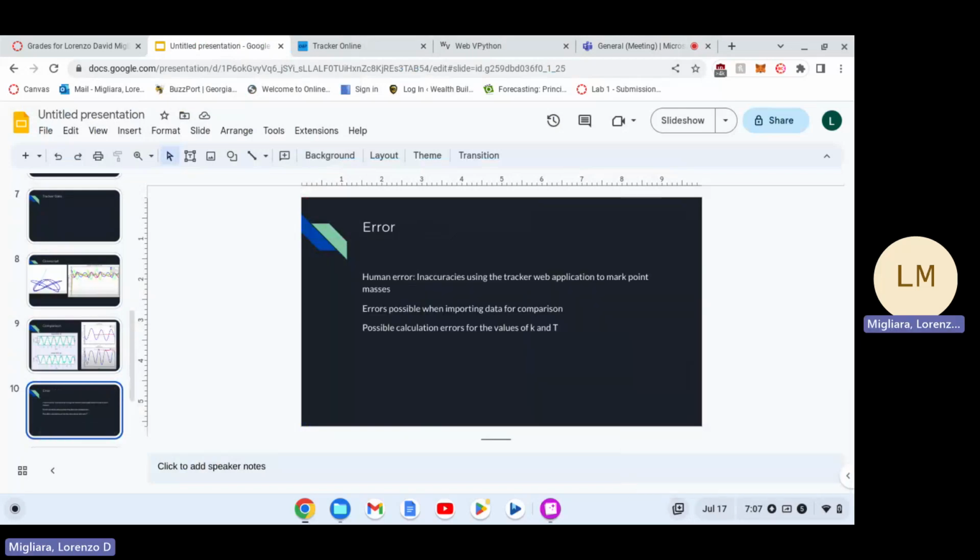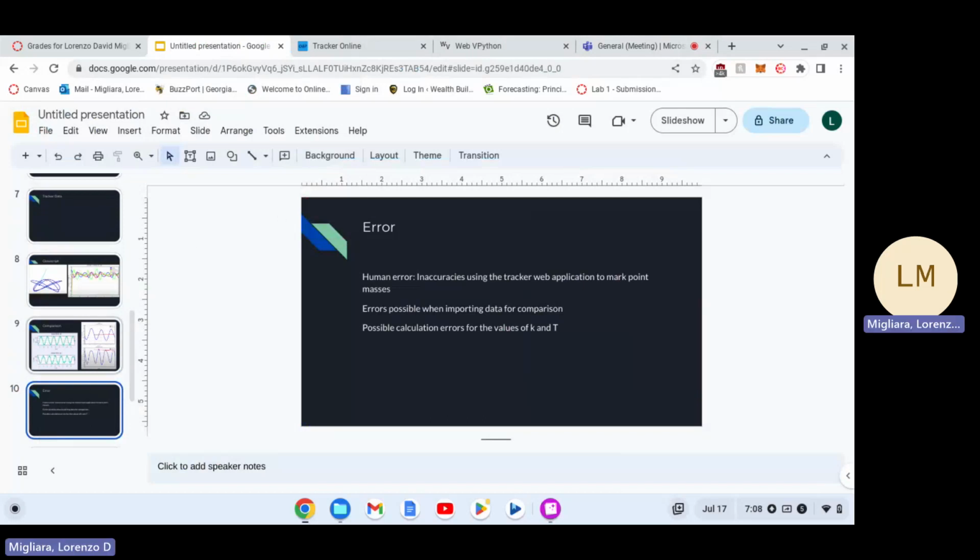And here's the error, and I'm explaining it. I definitely believe that it's due to inaccuracies using the tracker web application to mark point masses, and then also when I was importing the data for comparison. But the biggest thing I would think is the possible calculation errors for the values of k and T due to the measurement of, again, my tracker inputs.